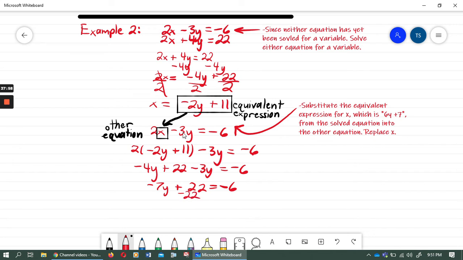We subtract 22 on both sides of the equation, and we wind up having -7y equals -28. Then our last step here, when we divide by -7, we end up getting that y equals +4.